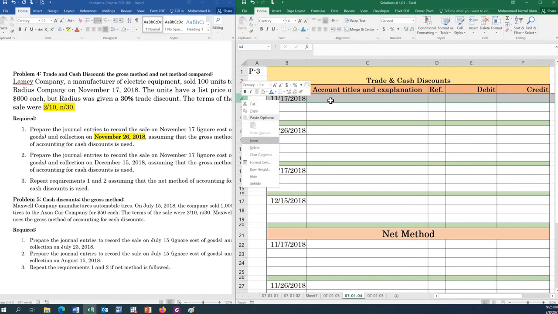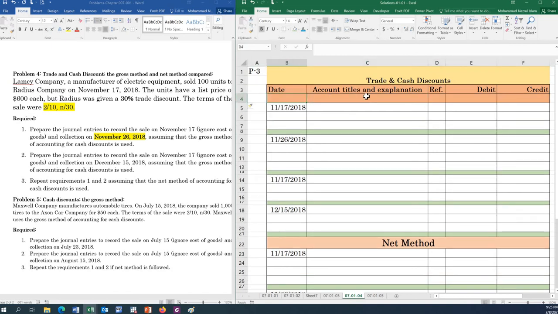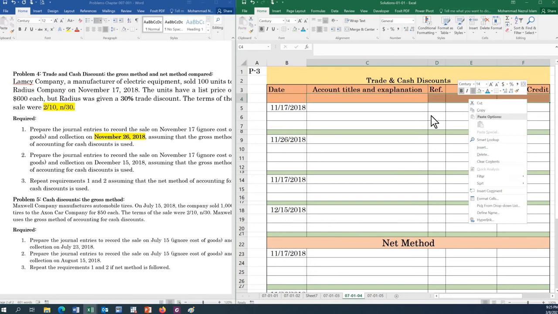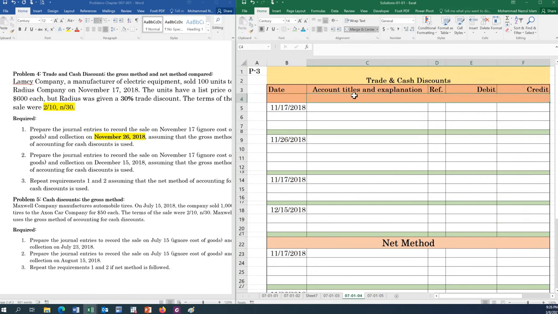Before that, let's calculate the selling price. So what is the selling price? Selling price would be equal to how many units we have sold.